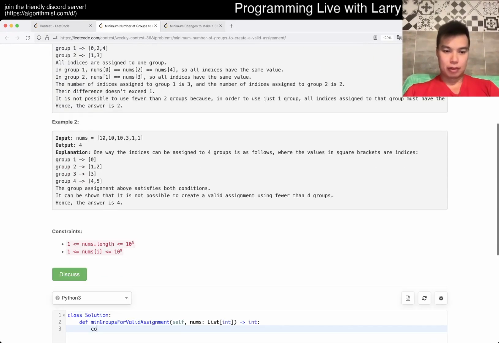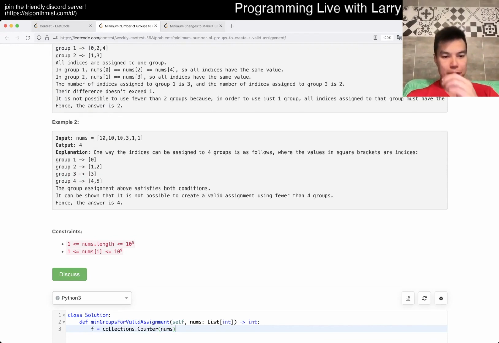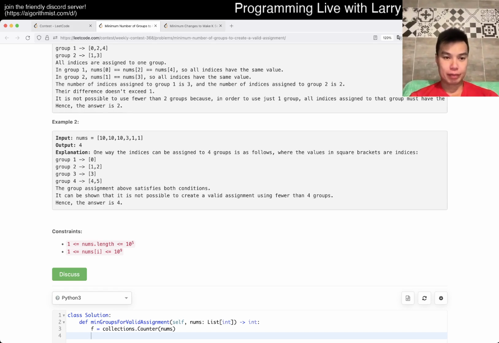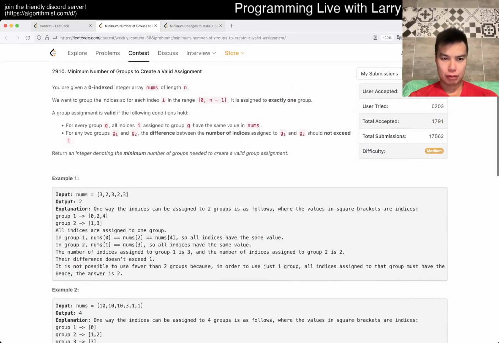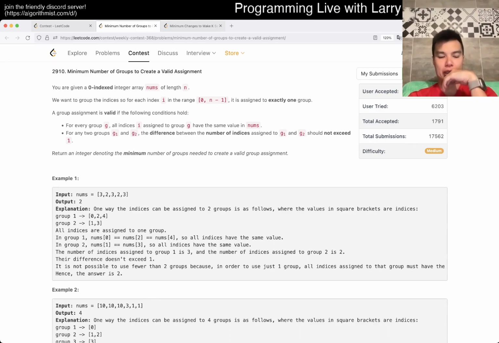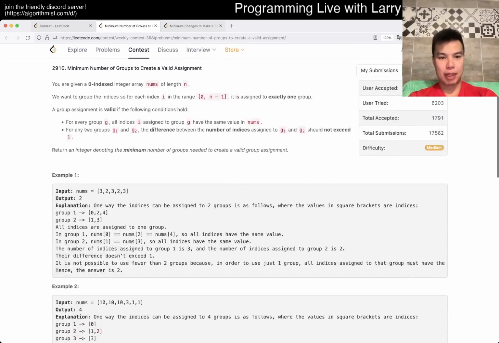First we want collections Counter, F for frequency table. So basically we want to see if we could put everything in a group of, let's say, 1, then it'll be 1, and we want the minimum number.